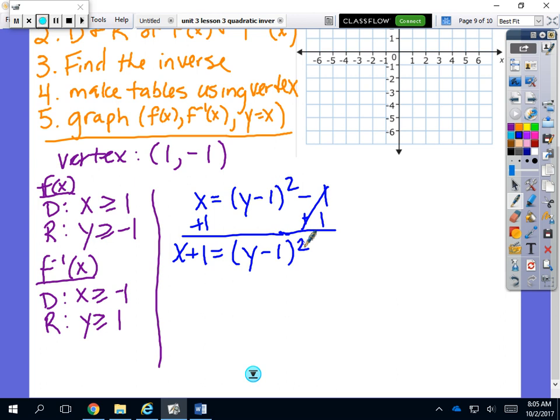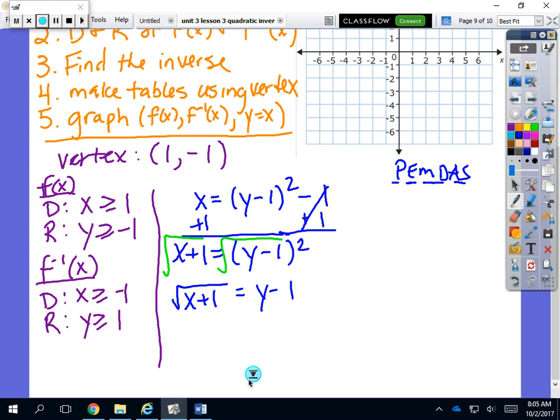So remember PEMDAS, P, E, M, D, A, S. We undo addition and subtraction, then undo multiplication and division, then undo exponents, then undo parentheses. So you're going to square root both sides first, then deal with what's in the parentheses. So we've got plus or minus the square root of x plus 1 equals y minus 1.